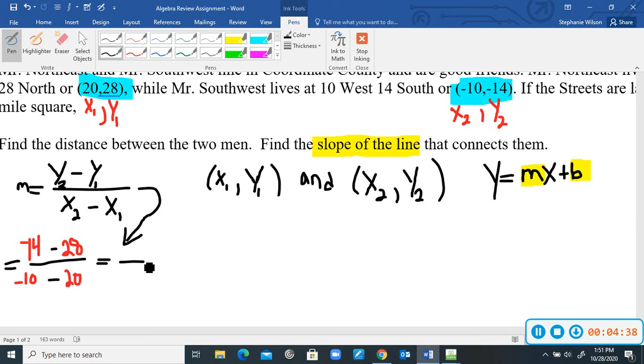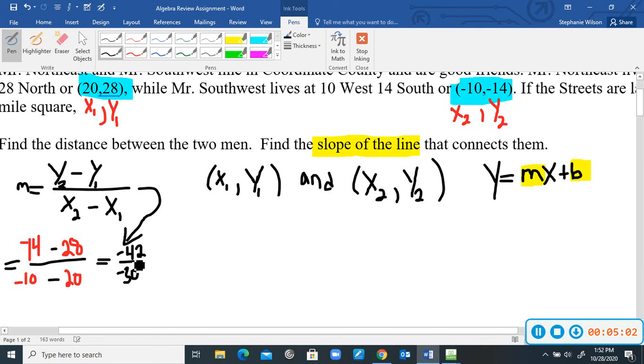It's like saying you owe $14 and you spend 28, so you're going to actually add them together. And that's going to give me a negative 42. So next we're going to go to the denominator, and we have a negative 10 minus 20, so that gives me a negative 30.